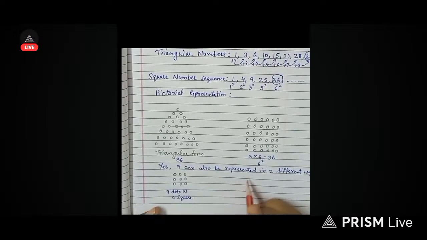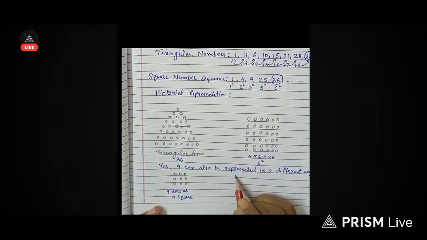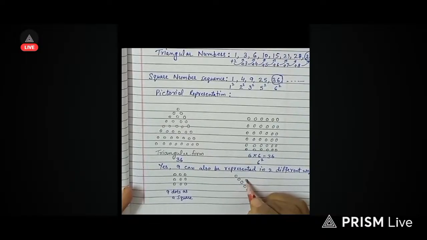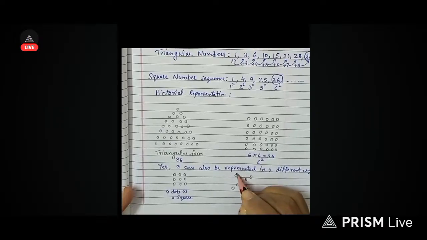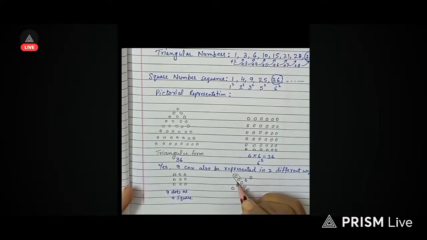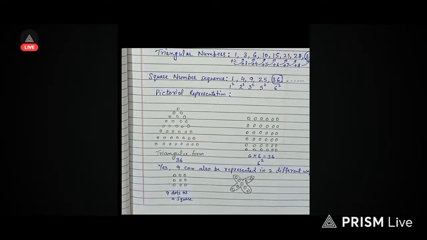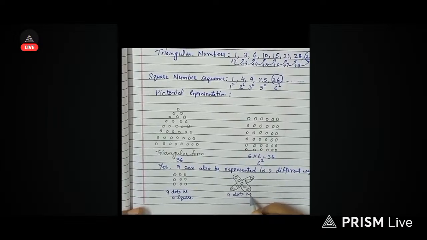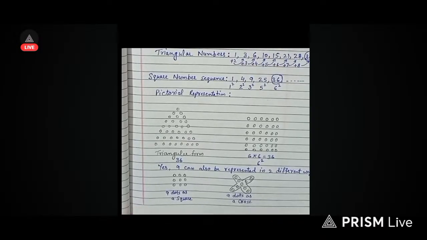Then these 9 dots can be arranged in this form: as a cross, like this. So this is the arrangement of 9 dots as a cross. I hope you get it.